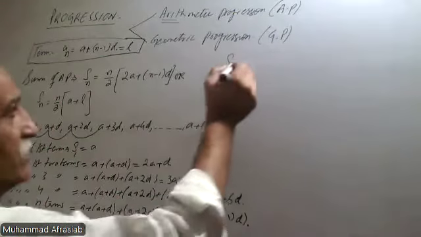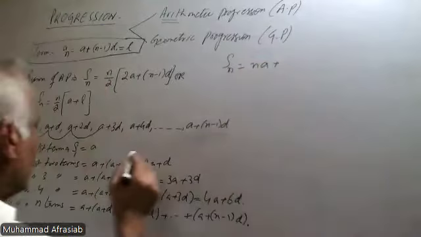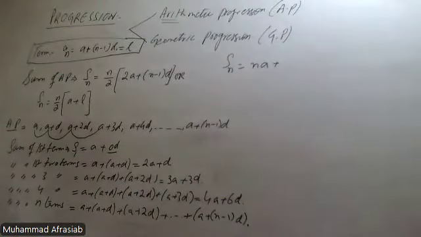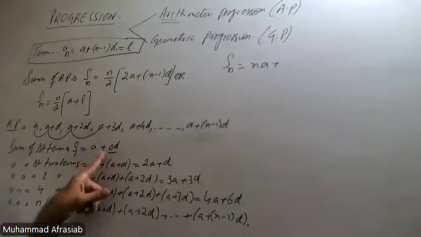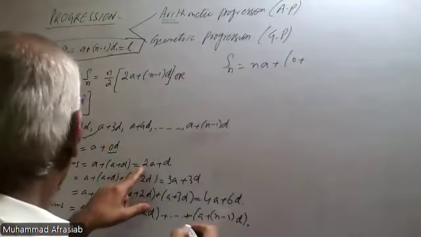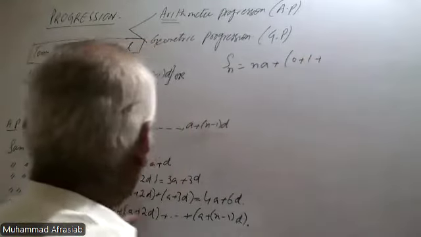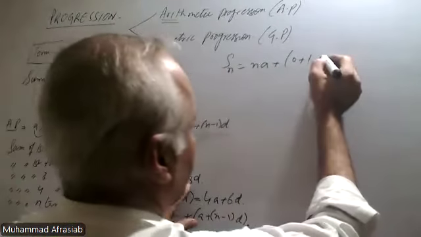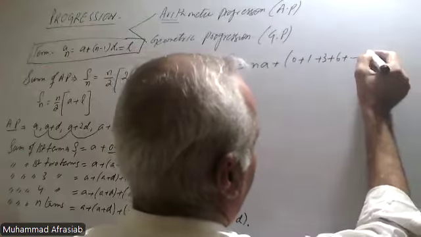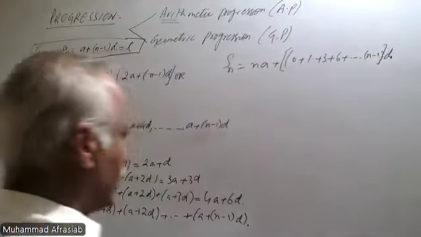So for n terms it should be na, plus this thing, which we can write as 0d, because 0 multiplied by anything is 0. So in the first term it is 0, in the second term it is d, for three terms it is 3d, then 6d, up till (n minus 1)d. And d is common in all this part, so you multiply it by d.